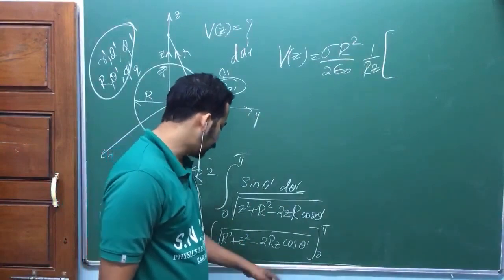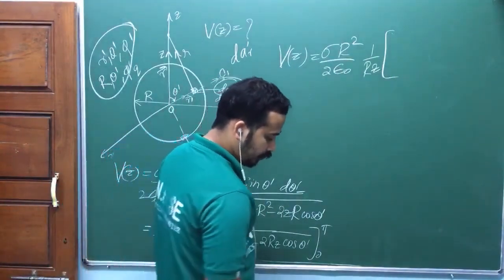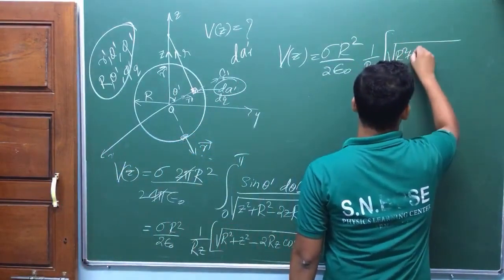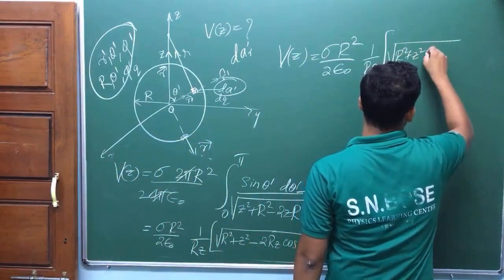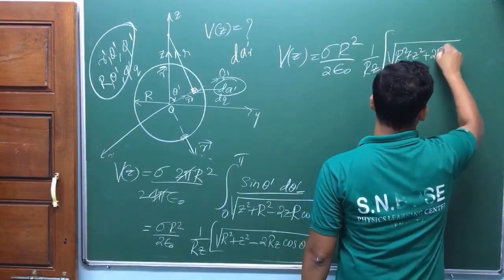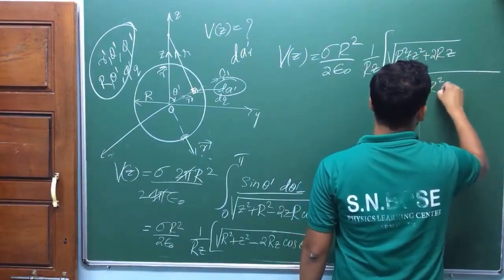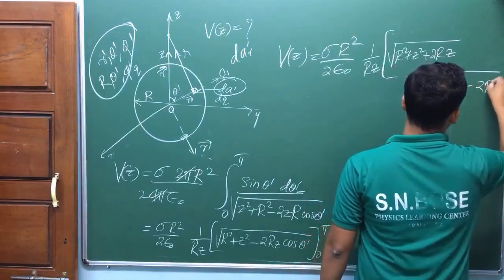This will become root of R square plus z square plus 2 R z, okay, upper limit, minus lower limit, root of R square plus z square minus 2 R z, okay.